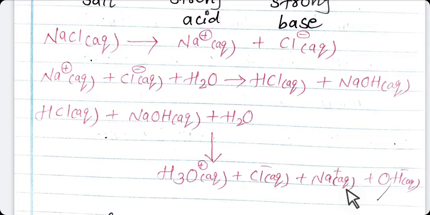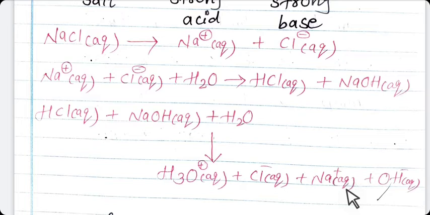Student, there is no hydrolysis. Hydrolysis means the ion of the salt reacts with the ion of water. But there is no reaction between the ion of the salt and the ion of water, meaning neither cation nor anion of the salt reacts with water.